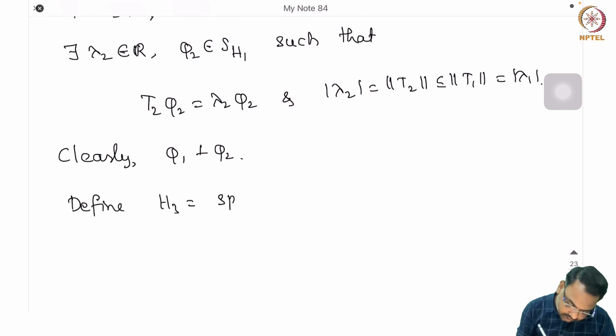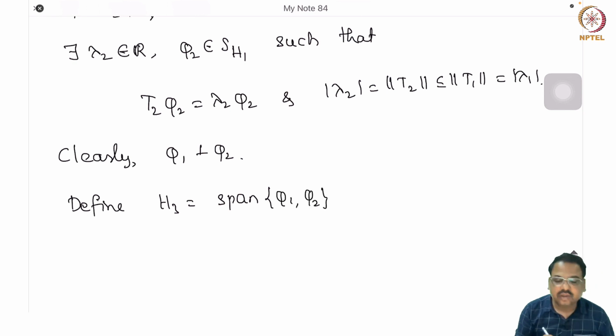Okay, now next let us define H3 as span phi 1, phi 2 perp, because we want to avoid these two vectors from the space and take the orthogonal complement. Now we know that span phi 1, phi 2 is invariant under T and T is self-adjoint. We can say that it is reducing, hence its orthogonal complement, that is H3, is also reducing.